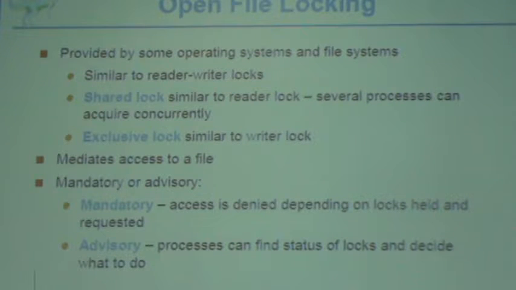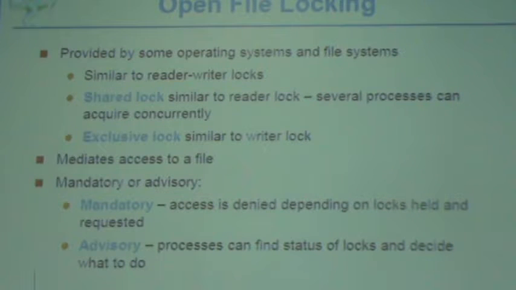On the other hand, there's another way, called advisory locking. It's a little bit tricky. A process can find the status of locks and decide what to do. So it's supported in a cooperative system. Two processes can access the data at the same time, like writing.